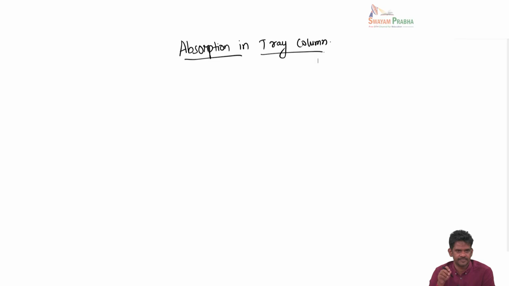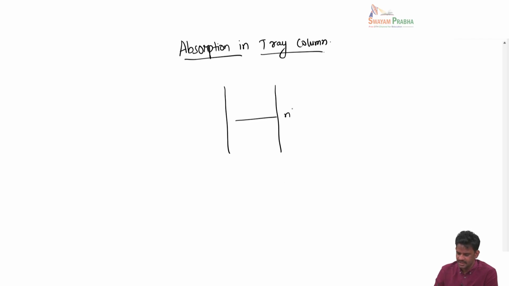So, a theoretical stage is one where the leaving compositions are in equilibrium. For example, if I have to draw one particular stage, let's say this is the nth tray. Liquid is coming from the top, and some level will be maintained here, and then the liquid comes down, and the gas leaves there.